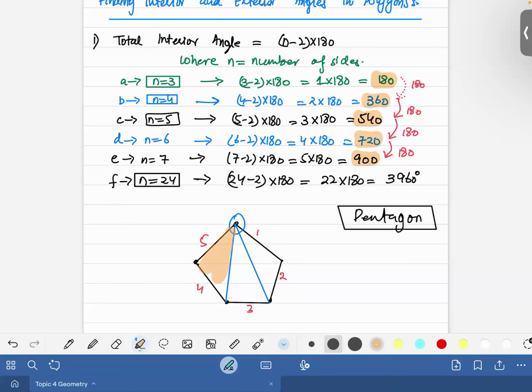So this is triangle number 1, this is triangle number 2, and this is triangle number 3. Agree or not?